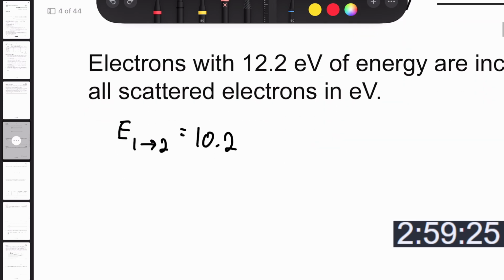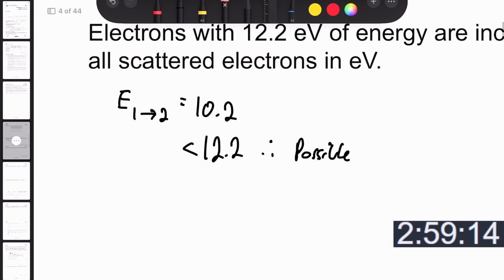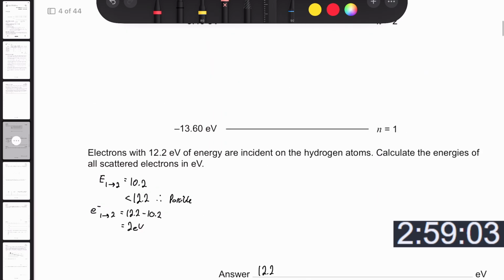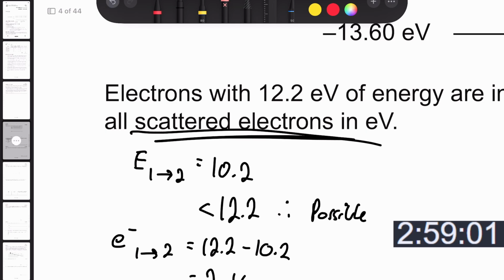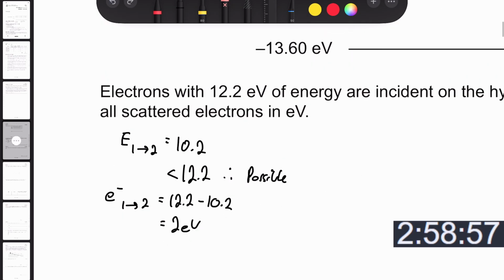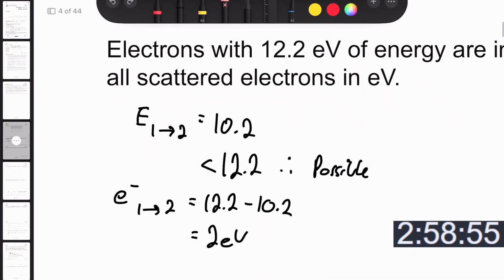And I would say less than 12.2, therefore possible. And then the electron from 1 to 2 scattered will be 12.2 minus 10.2, which will be 2 electron volts, because it wants the scattered electrons. So that's just the difference in energy. And then 2 electron volts will be left over.